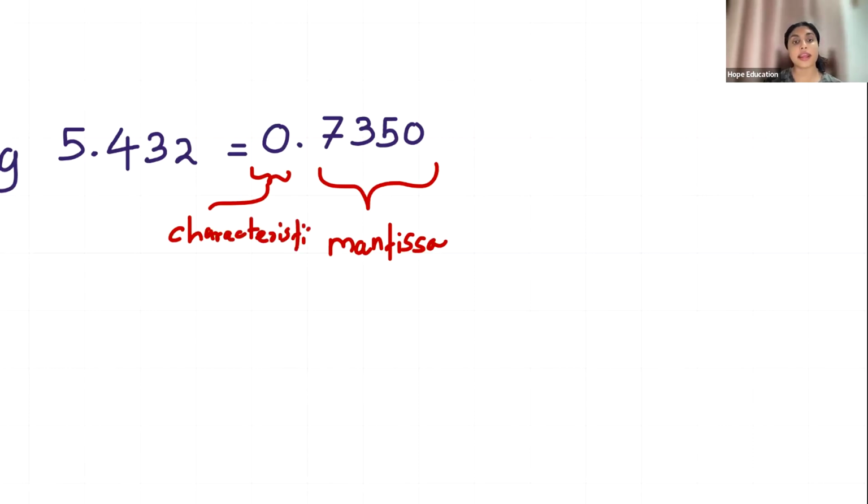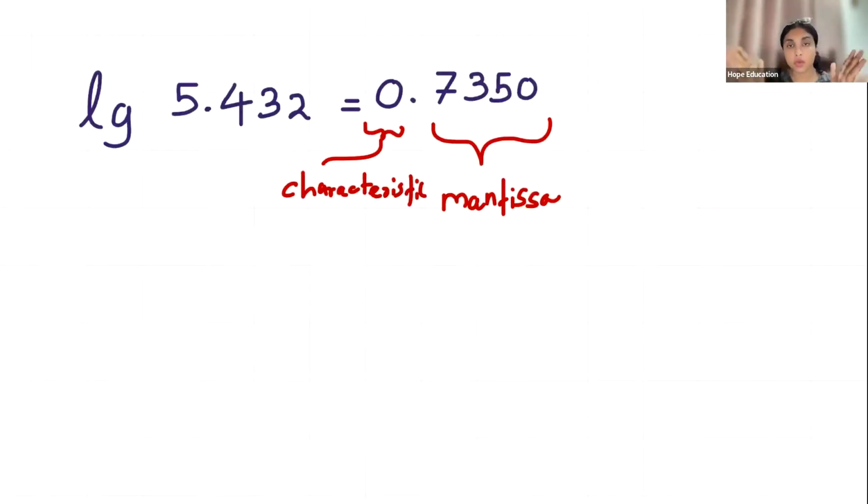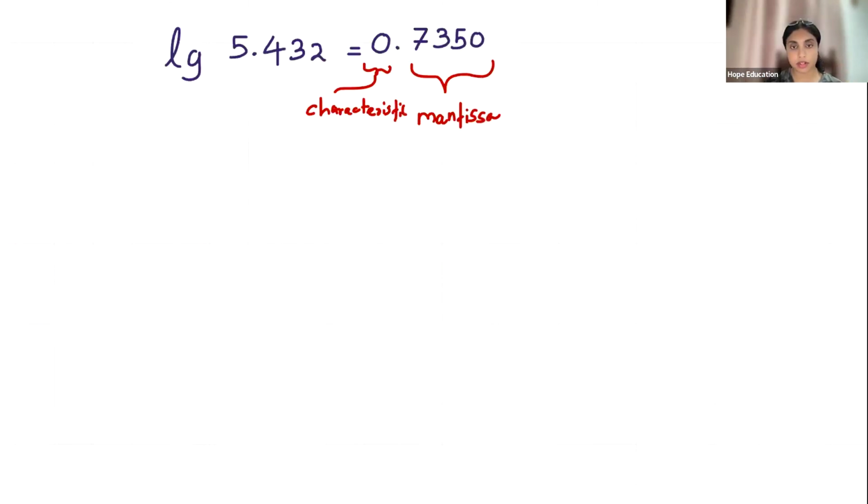We call it the characteristic and mantissa. These two get together to form the logarithm. Okay. Now, I'm going to talk about this in two sections, right? So I will draw a line at the middle to separate.